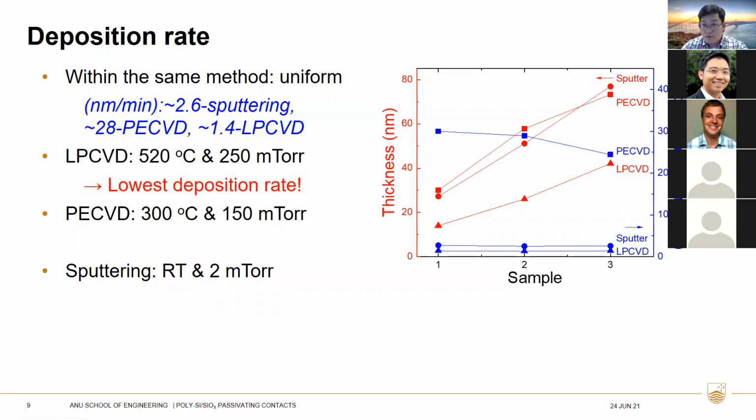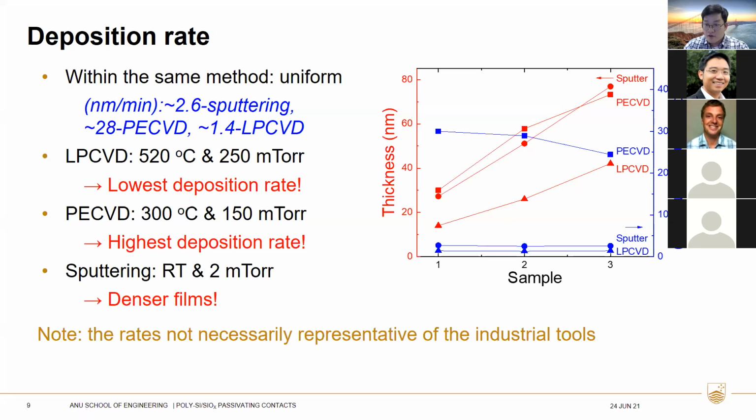So we observe that the lowest deposition rate is for the LPCVD samples. PECVD has the highest deposition rate. Meanwhile, on the sputtering samples, we expect to see denser films. Note here that the rate is not necessarily representative of industrial tools.